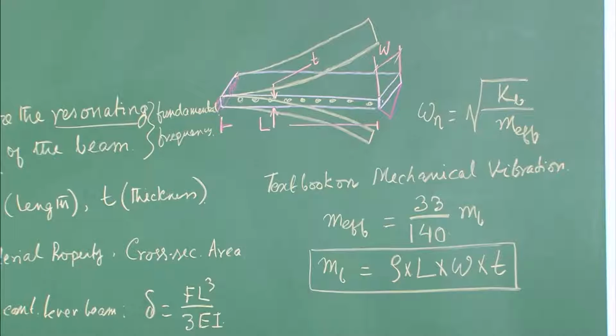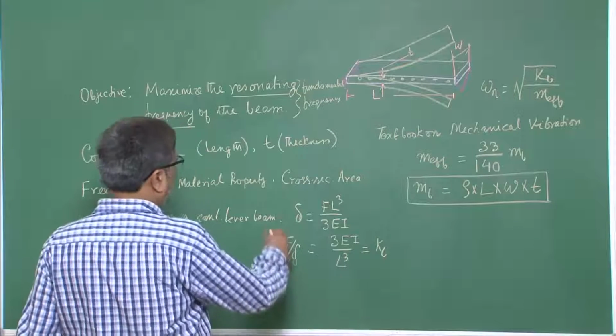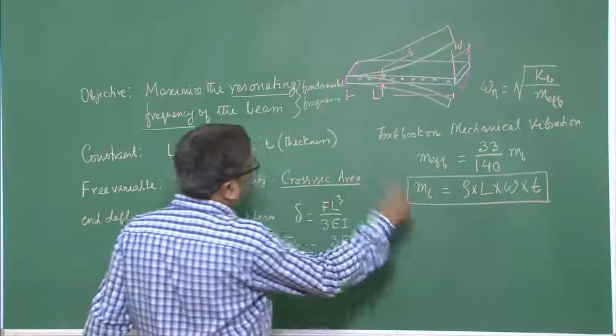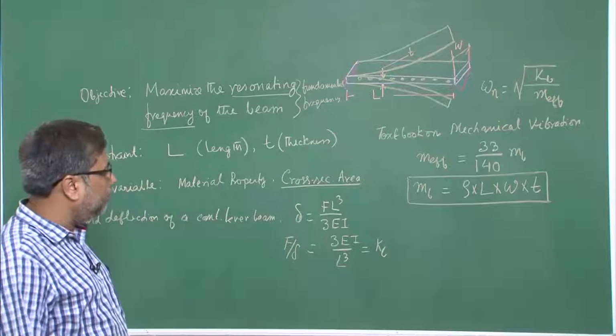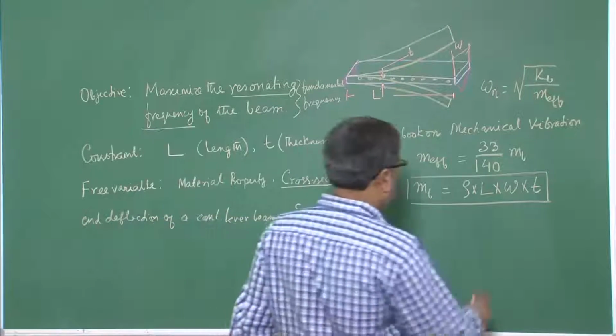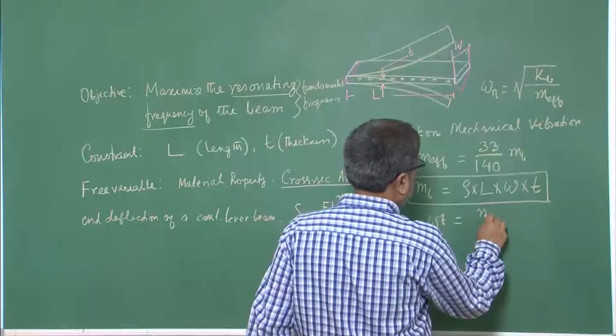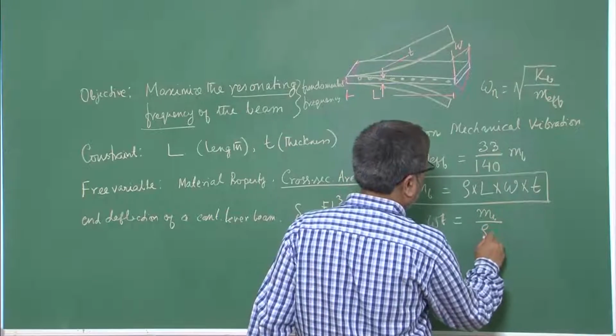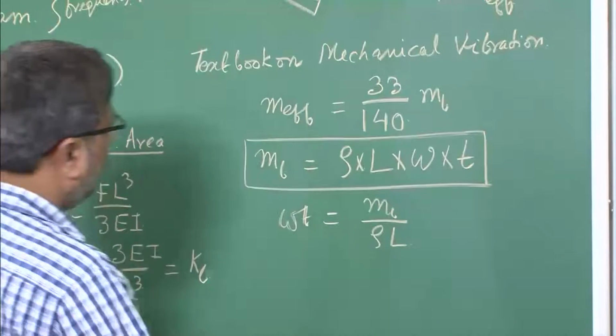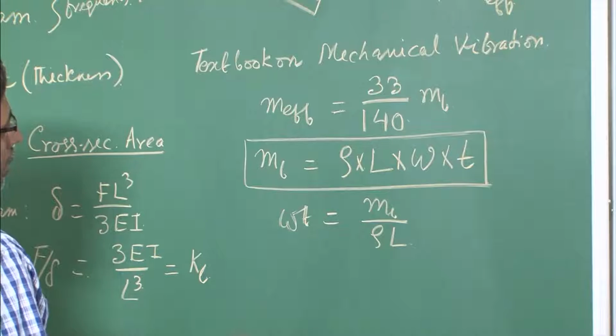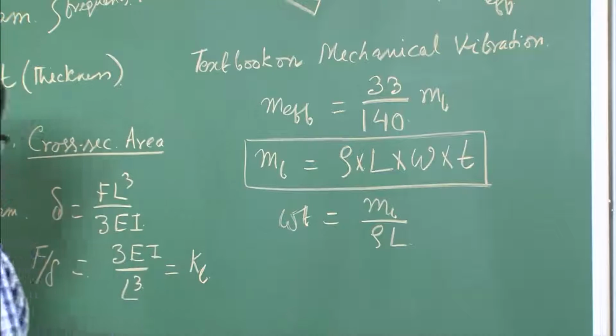Now in this case we have to keep in mind that the cross sectional area is considered as the free variable. In other words, WT is nothing but MB over rho L.